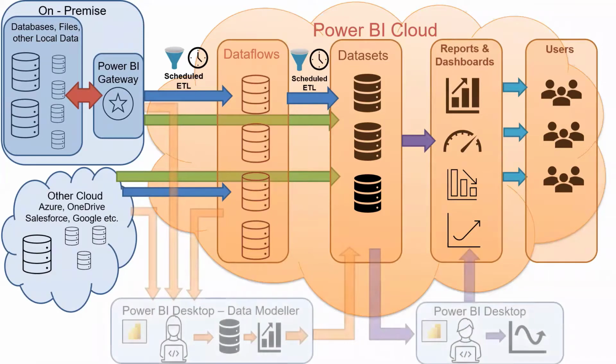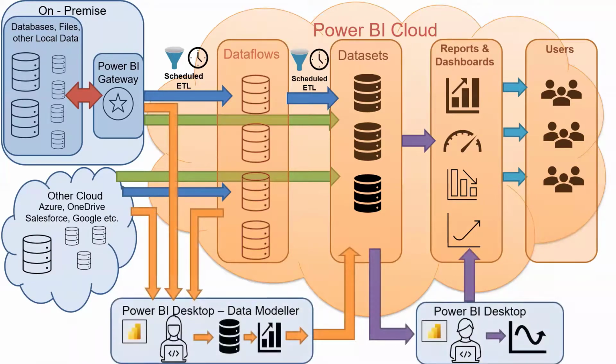We bring our Power BI users back in, and we can see what the Power BI desktop people do. We still need Power BI Desktop to create the original data sets that are published to the cloud.